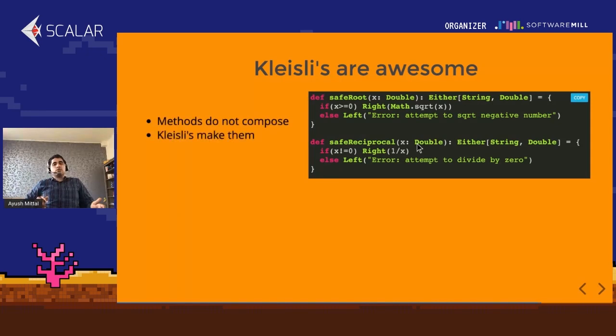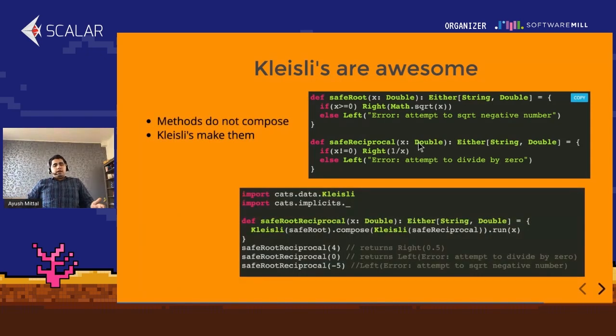I can use Kleislis to make them compose. What I can do is write a safe root reciprocal method. I wrap the root method in a Kleisli, and then I compose it with another Kleisli, which is the safe reciprocal Kleisli. This entire operation is basically a composition of two methods that were not earlier composable.